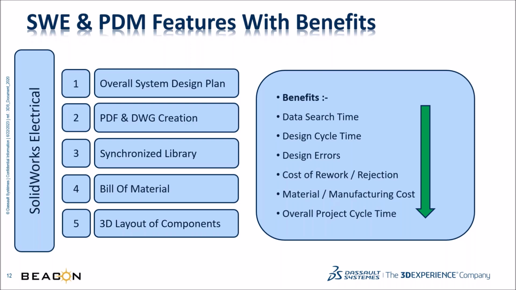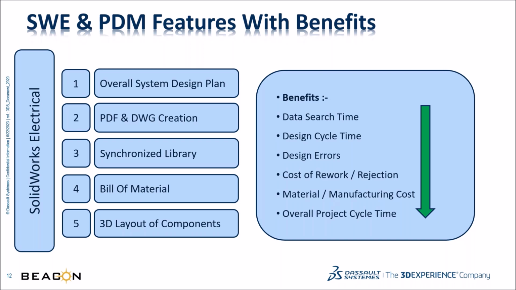Also we have the synchronized library. Whatever library changes you make in your SolidWorks Electrical will be totally updated in your PDF. Also the bill of material is automatically possible. And if you have the 3D component or the 3D design, which comes under the ECAD MCAD collaboration, then that is also possible.